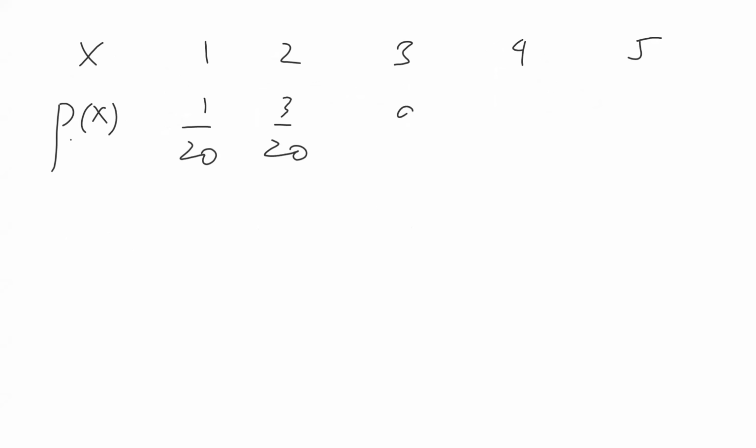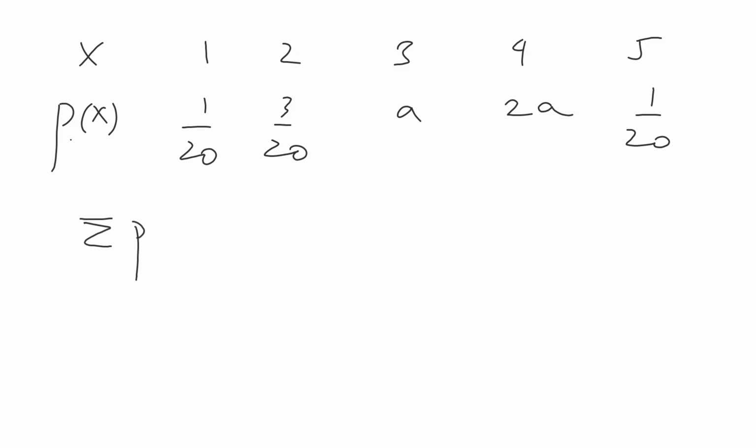So x is given as 1, 2, 3, 4, 5. P of x is 1 by 20, 3 by 20, a, 2a, 1 by 20. Now since we have a probability distribution, it's given in the problem that we are having a probability distribution.